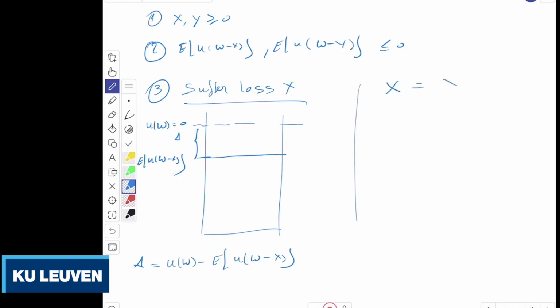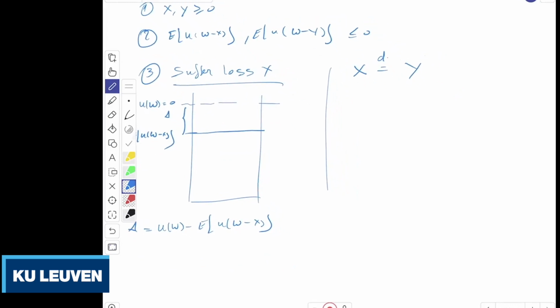that X and Y are equal in distribution. That means that this delta is also the drop in utility when you're being exposed to Y. It's the same.